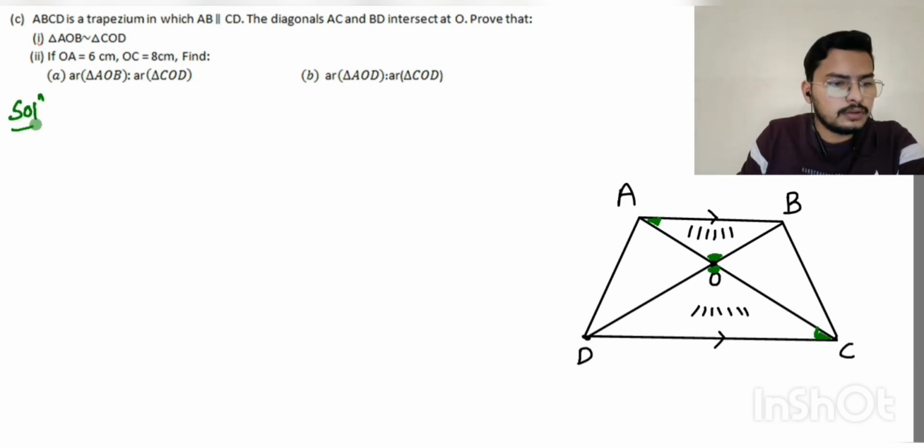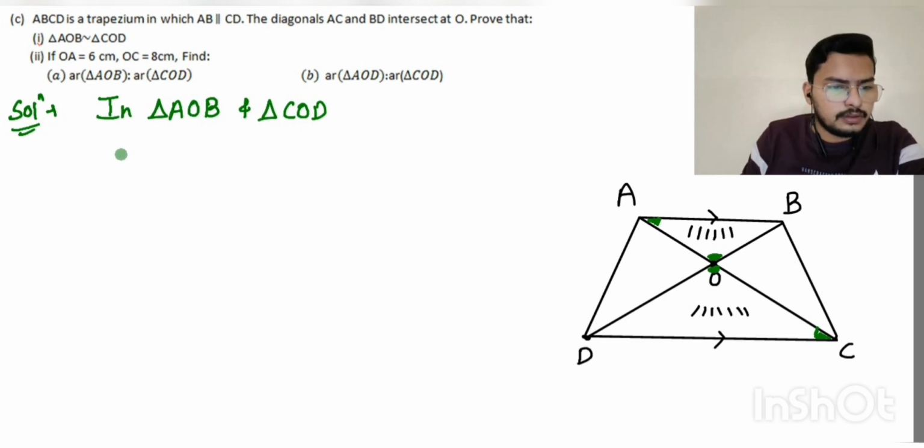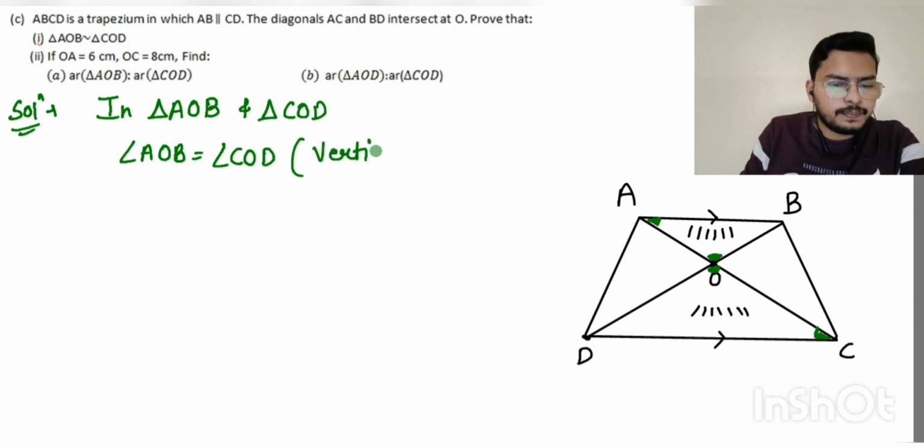Just write like this: in triangle AOB and triangle COD, angle AOB is equal to angle COD. These are the vertically opposite angles, right? And the second one is what?